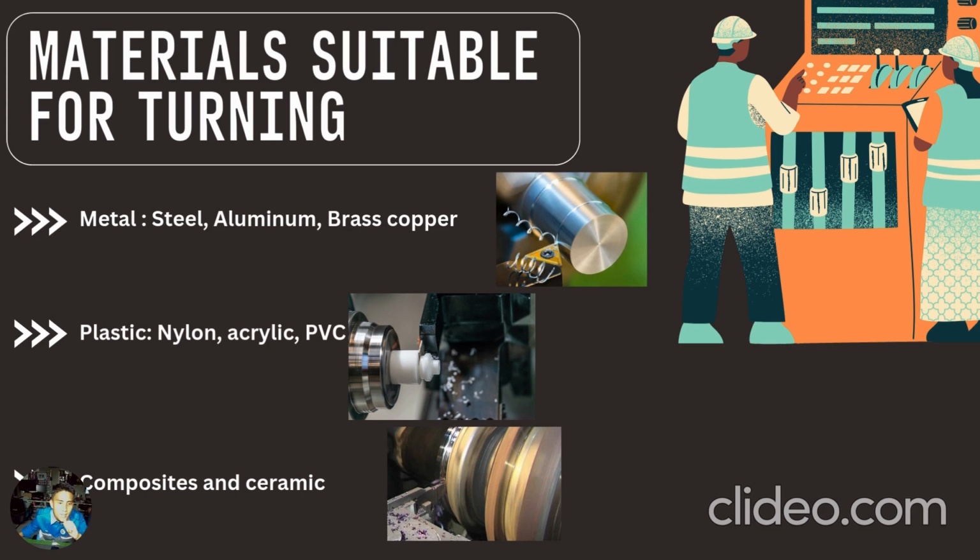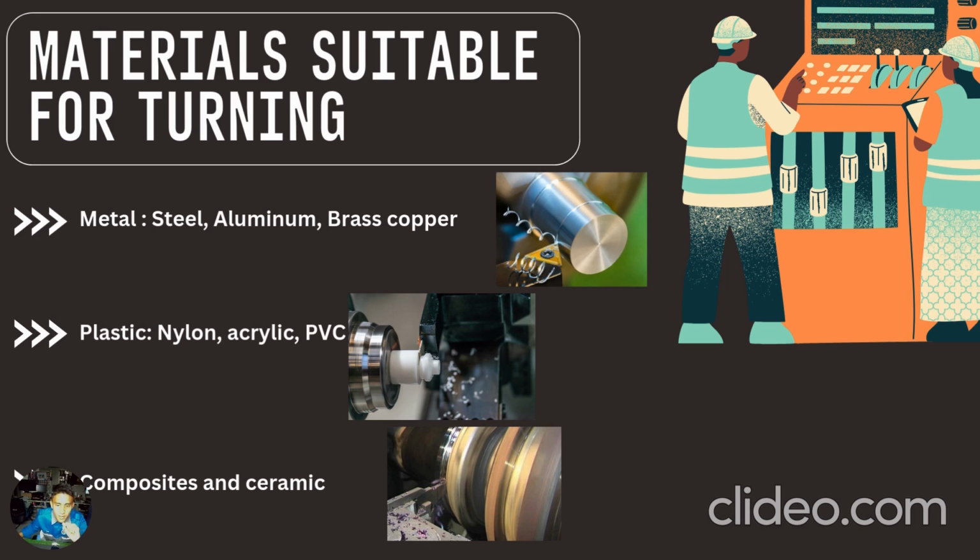The first one is metal, which is carbon steel, aluminium, brass or copper. For plastic, we can use the turning process for nylon, acrylic and PVC. And the last one is composite and ceramic. For composite and ceramic, we can use turning process with only specific tools that are a bit different from the others.